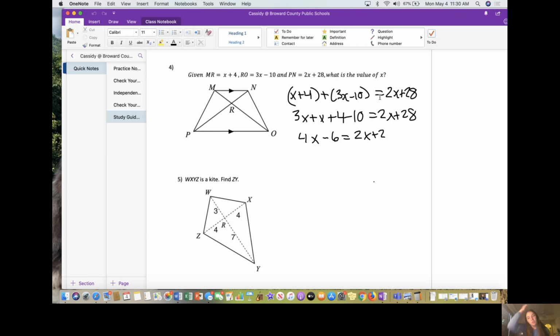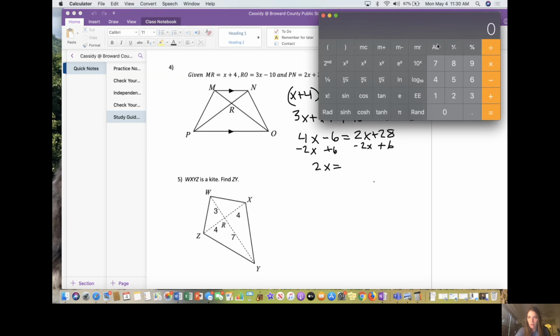From here, we're just going to move terms to the appropriate sides and get x by itself. We're going to add 6 on both sides and subtract 2x on both sides. We're going to end up with 2x equals 28 plus 6. We've got the calculator, might as well use it, and we get 34.